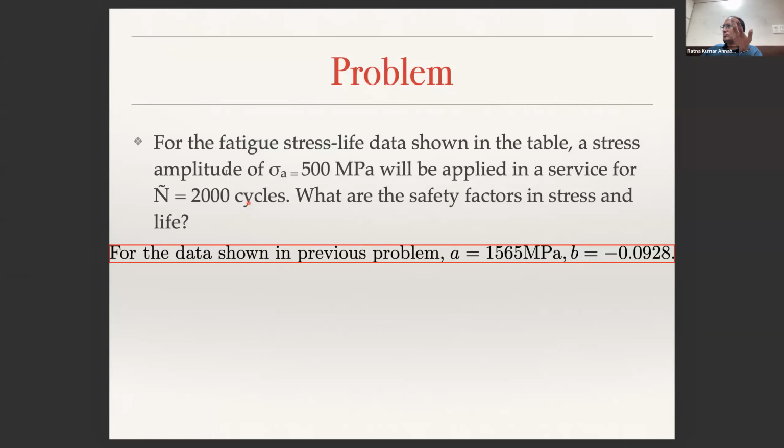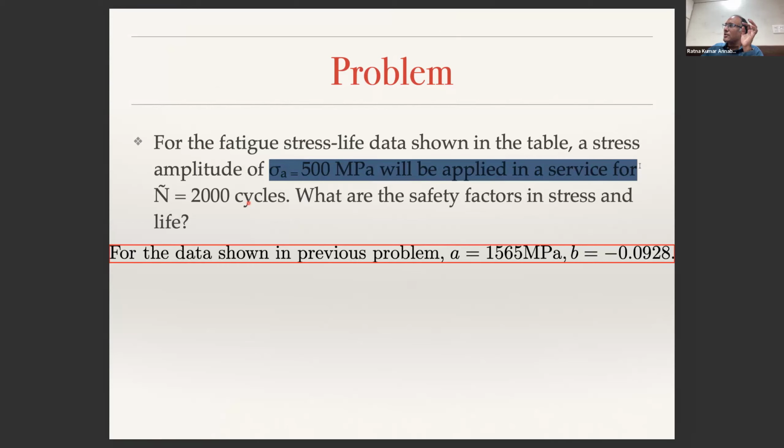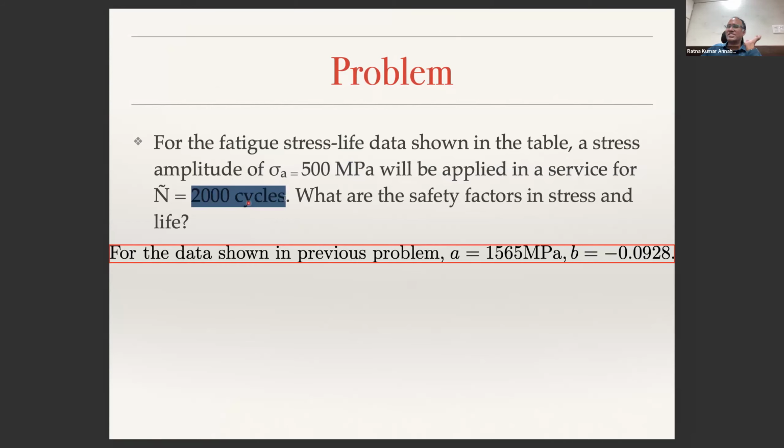Now, for that particular data, A and B are given. A stress amplitude of 200 MPa will be applied. This is the service condition. It will be applied in service for 2000 cycles. Now you need to estimate the factor of safety in stress and life. How do you go about doing that? Can you please try that?